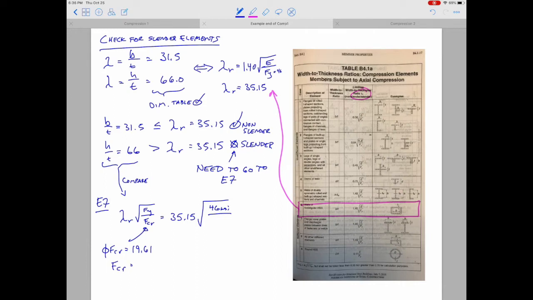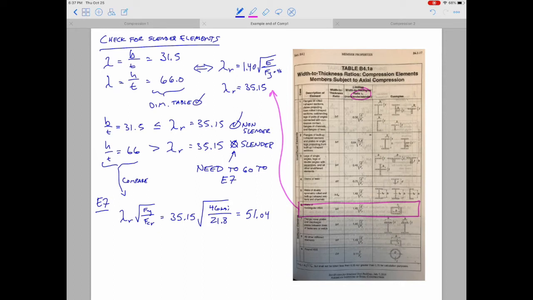F critical then is 19.61 divided by 0.9. Right, and that's 21.8. So I have 21.8. This gives me 51.04. Okay, so I'm going to clean this up because I don't need it anymore.